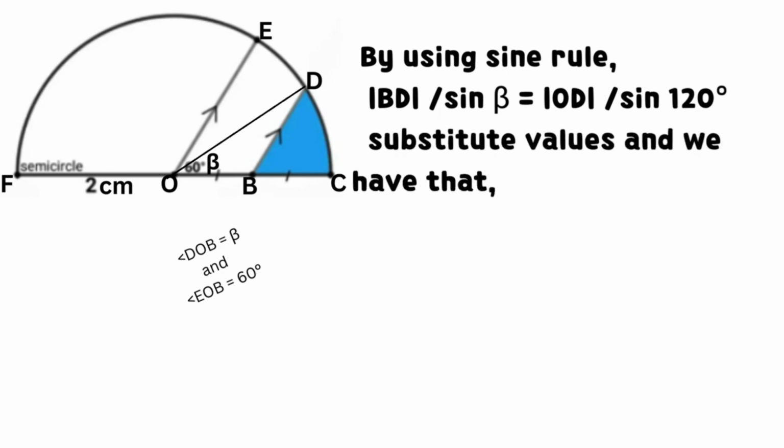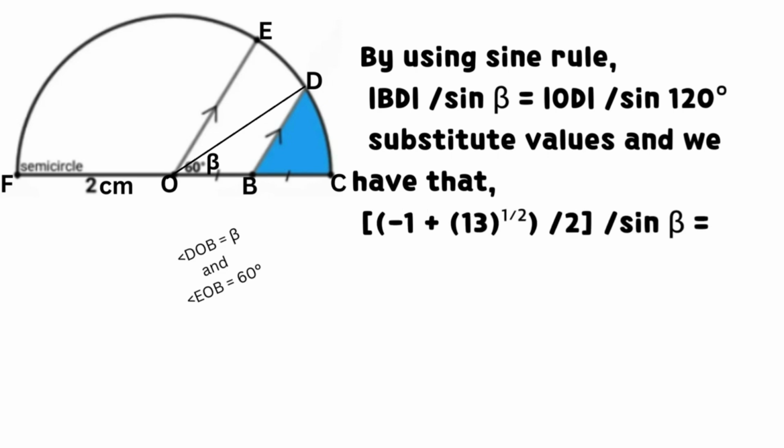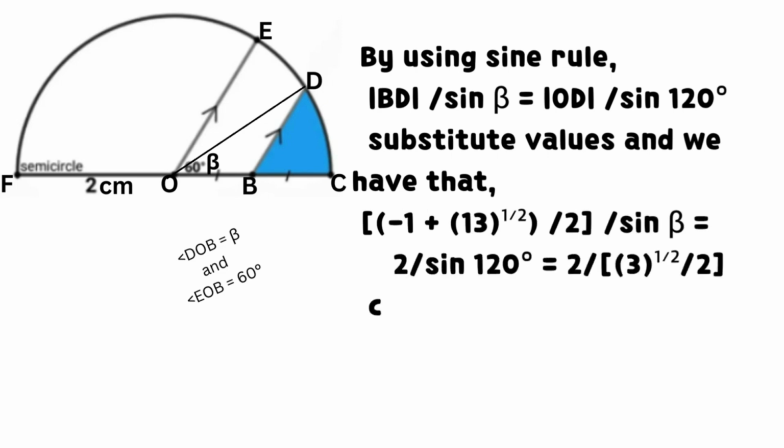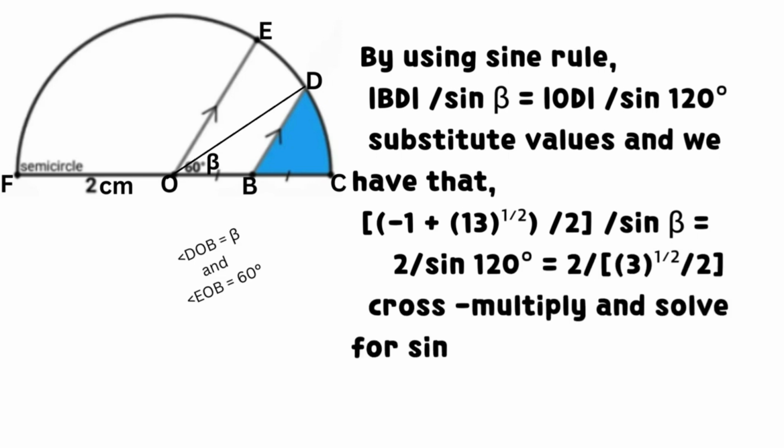By using sine rule, line BD divided by sine beta equals line OD divided by sine 120 degrees. Substitute values and we have the equation shown on the screen. Cross multiply and solve for sine beta.